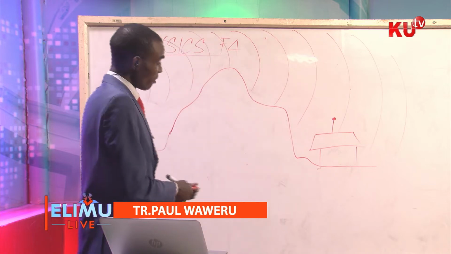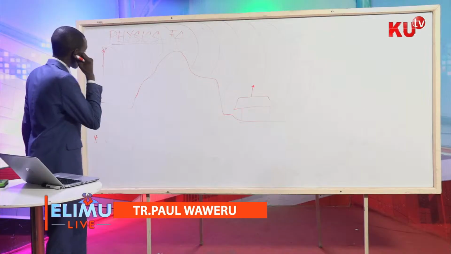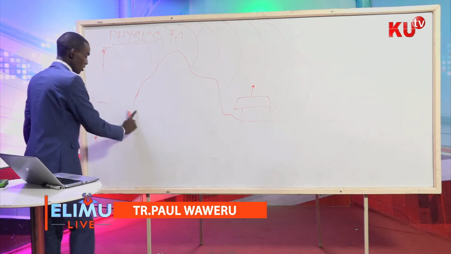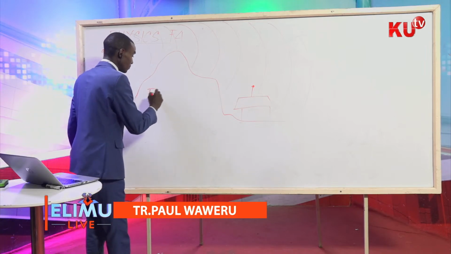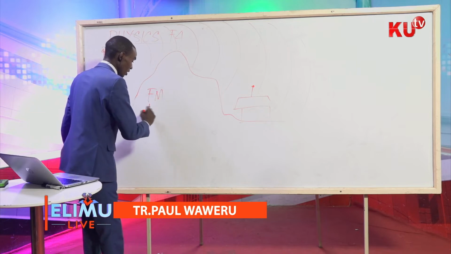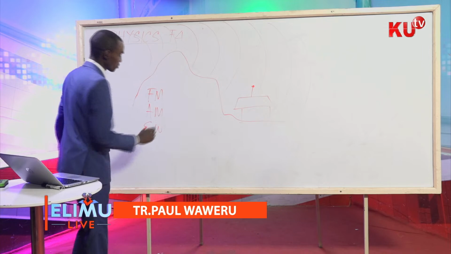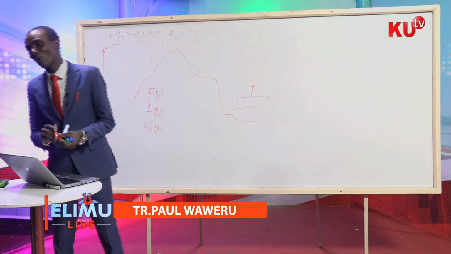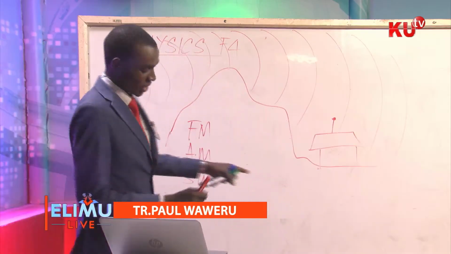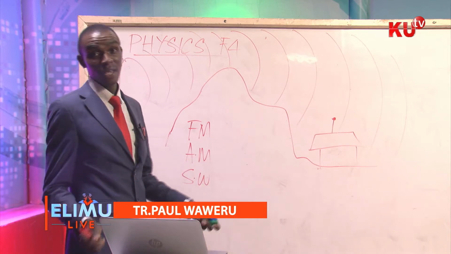Now, we have various terminologies when talking about radio waves. I want to dwell a bit on this. We talk about FM. We have AM. You sometimes hear about SW. For those of you who are in Form 4 right now, you probably have not encountered these terminologies, AM and SW.